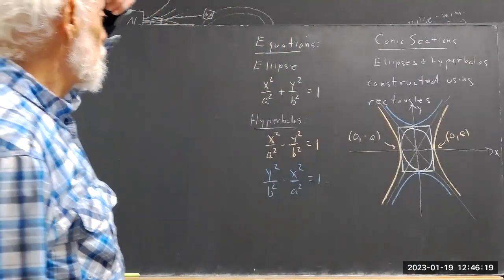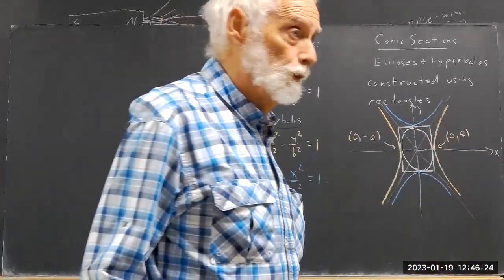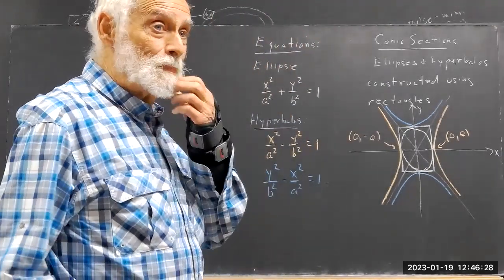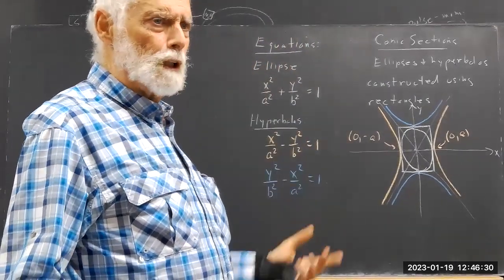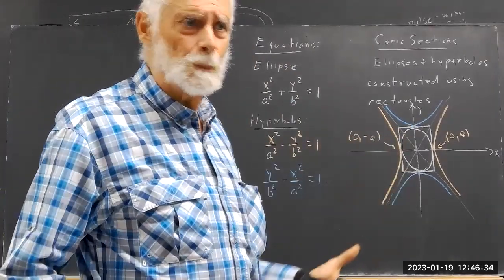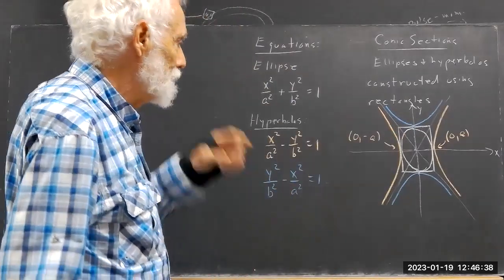Just to check, make sure I've got things opening in the right direction, because I'm famous for doing things backwards. I always check myself, which means you see me do a lot of corrections. Okay, and I have to do a correction. I've got these colors up here. It's going to be a pain in the butt. So I don't want to do the corrections, but let's see if I do it right.